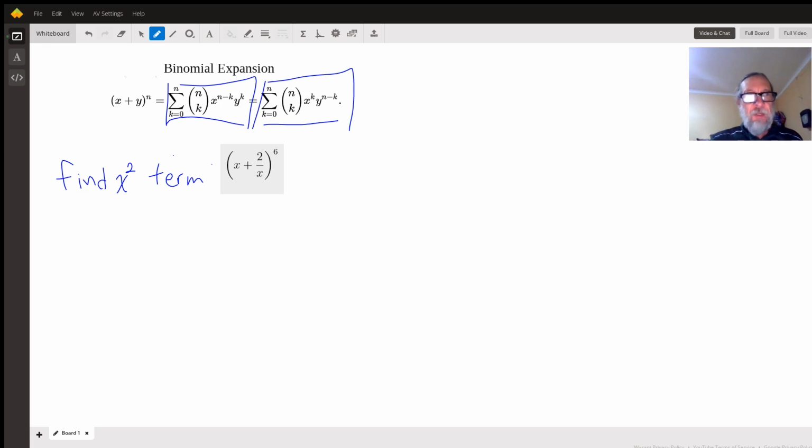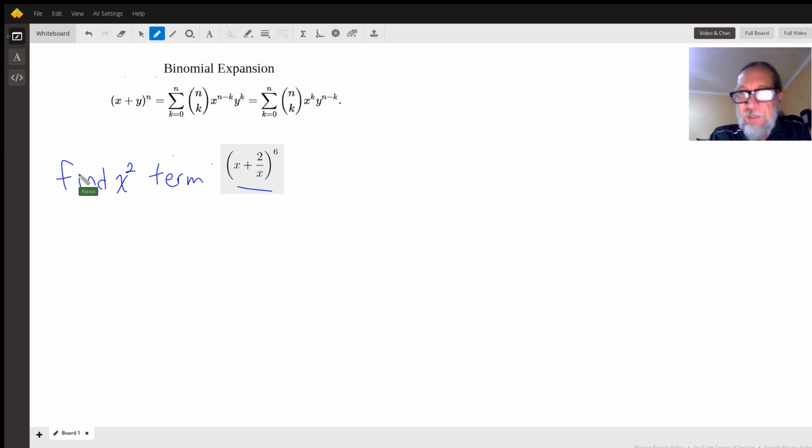Okay, so what we could do is just write out the entire expansion of this binomial, and we would have 7 terms. But we'd like to find a better way, a shortcut, because imagine if you had a number like 20 or 100.